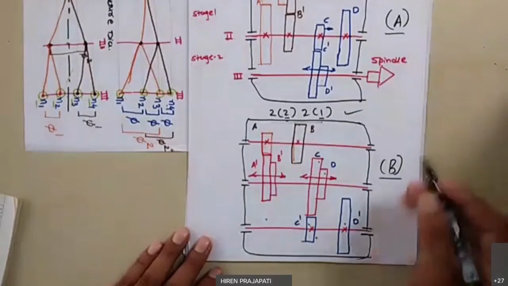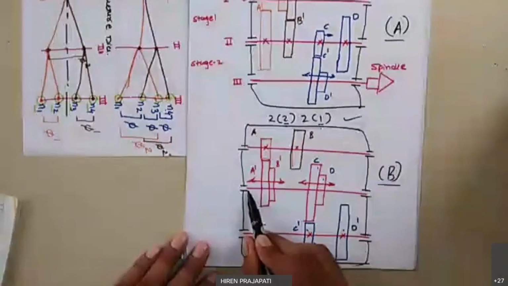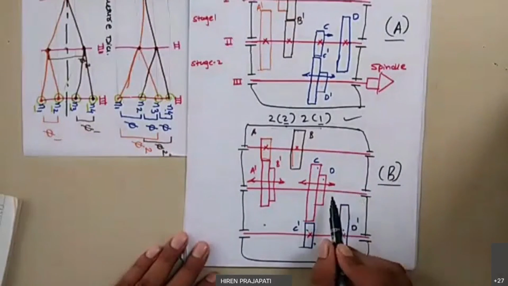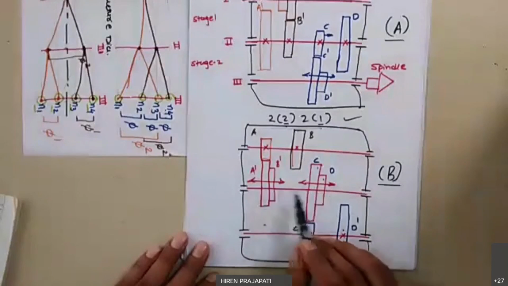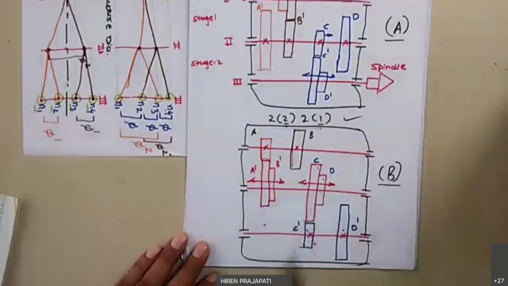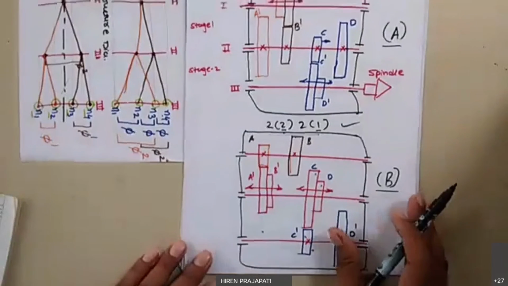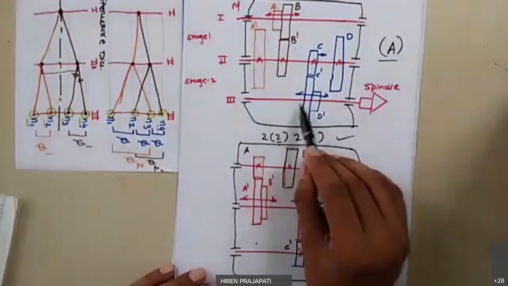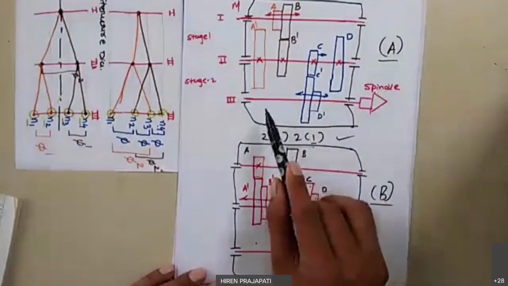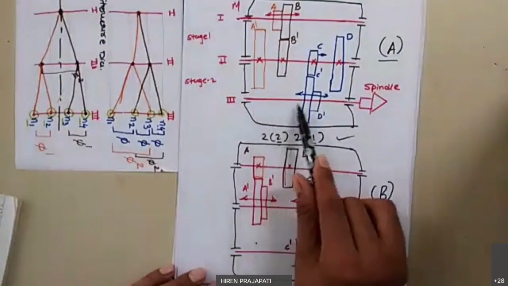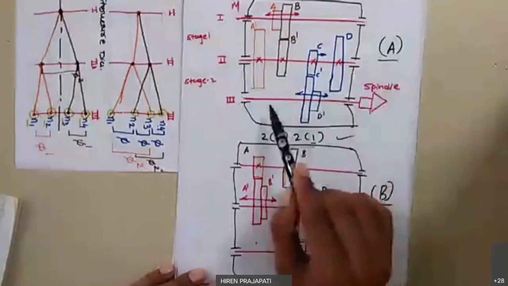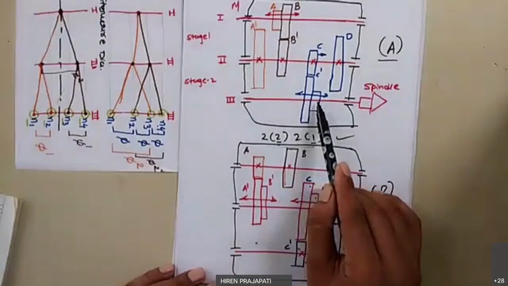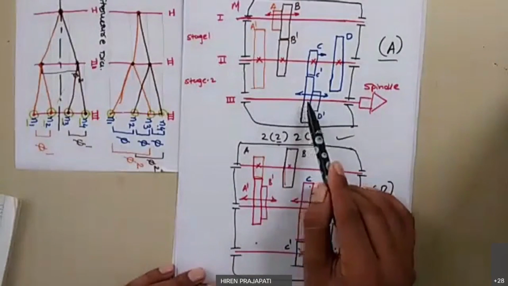The reason is that in layout B, we need to go for only one spline shaft, and on that spline shaft, two gear clusters are kept. Because it is also recommended to use a solid shaft as a spindle shaft. So if you look at this shaft tree, if you go for layout A and keep the gear cluster on the output shaft, then you need to go for a spline shaft.